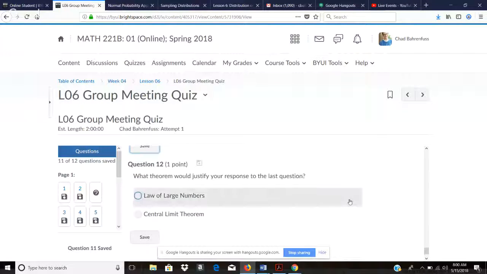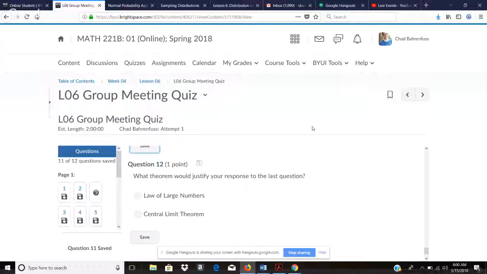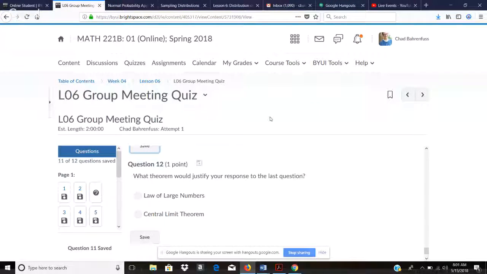What theorem would justify your response to the last question? That one was a tricky one for me because I get confused with the two definitions. I took notes on the difference between them: CLT.